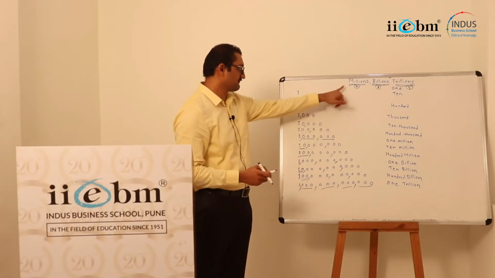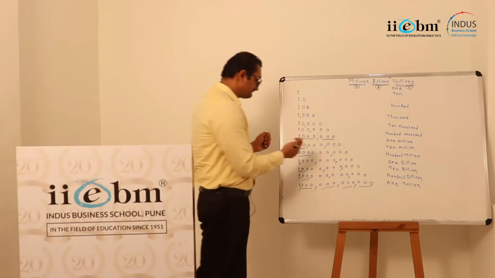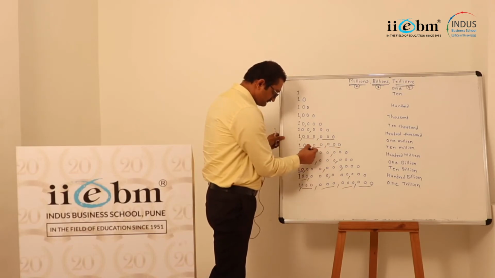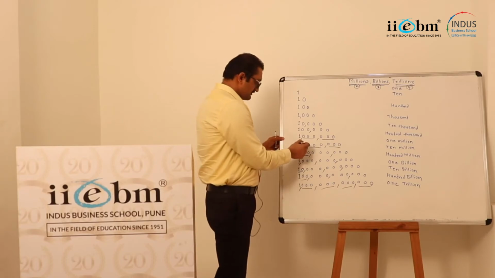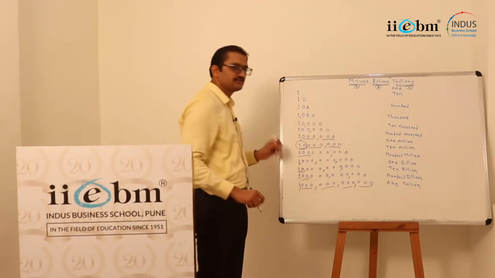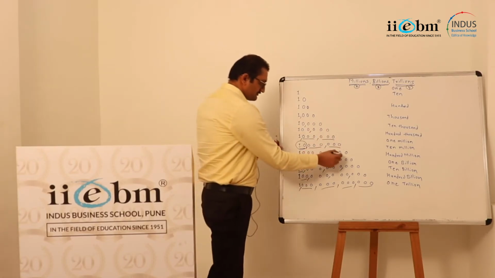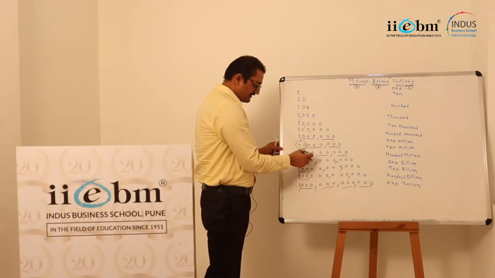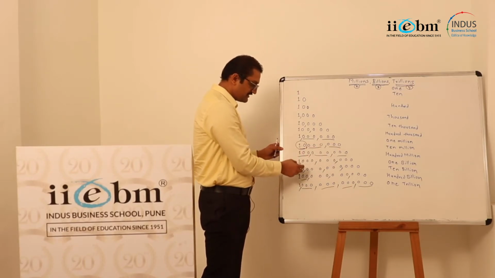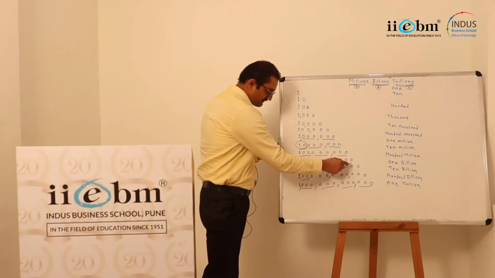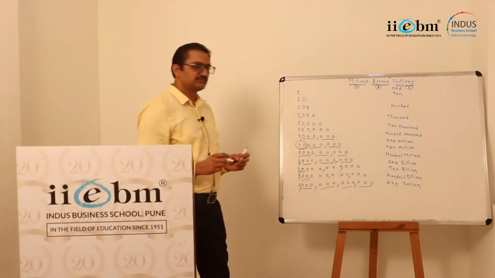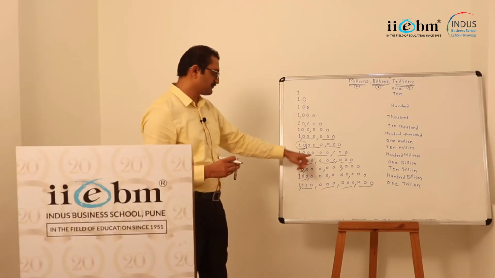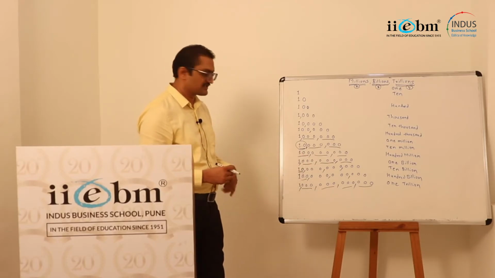This number is 1 million, with 2 commas in the number. This is 10 million. Again here also we have 2 commas, 100 million. Now in this case we have 3 groups of 3 digits.